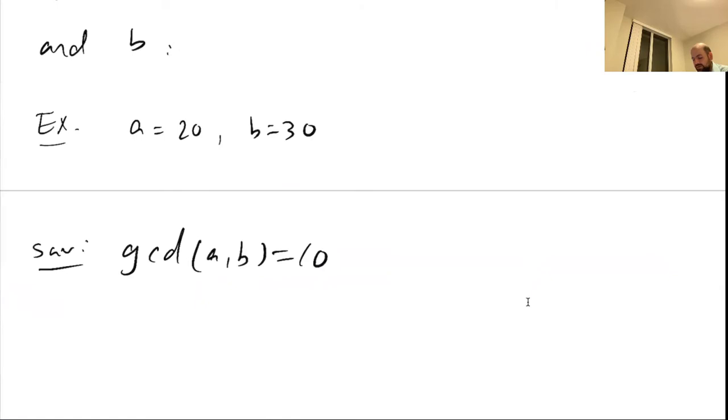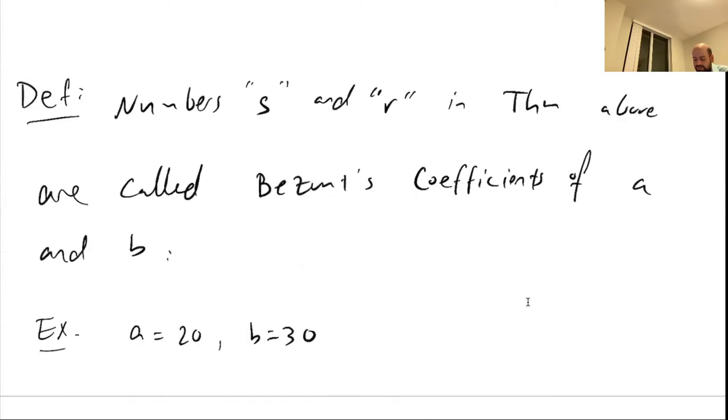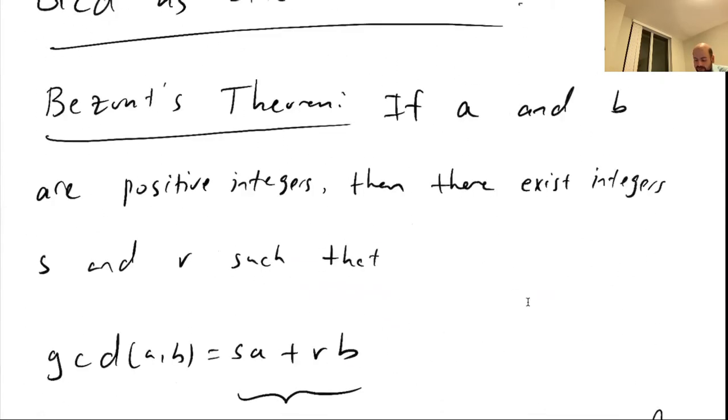So in this case, if A is 20, B is 30, and the GCD is 10, how can I write 10 as 20 times a number plus 30 times a number? Well, we can write 10 as 20 times minus 1. Remember, the numbers are allowed to be negative as well. If A and B are positive integers, then there exist S and R, but we didn't say S and R must be positive. We're assuming A and B are positive, but S and R are just integers.